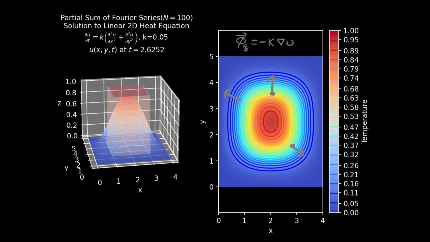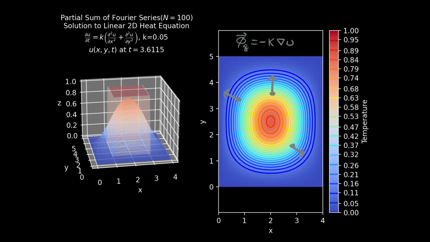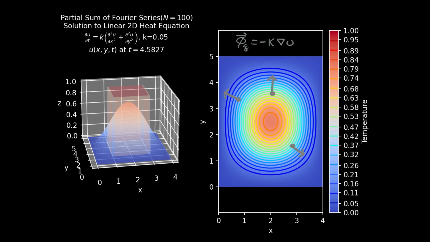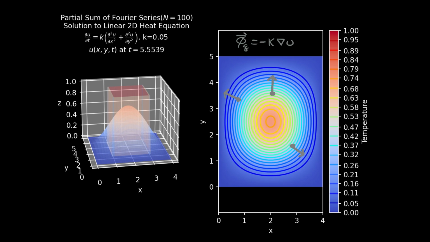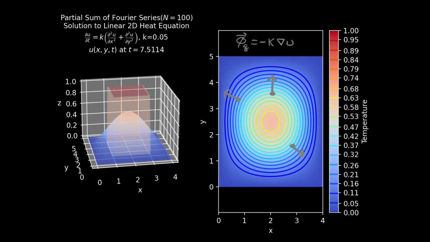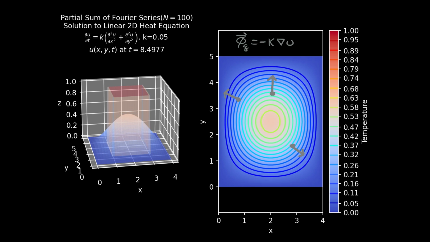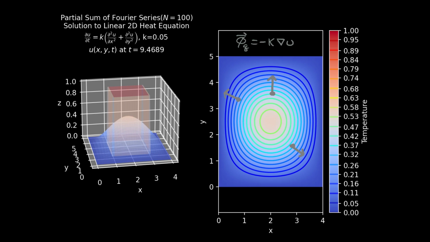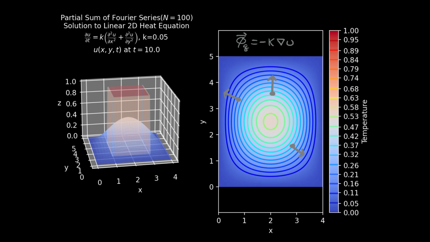So it's flowing out, and temperature is decreasing in a very physical, intuitive way, all the way until we get to the final time of t equals 10, which is when I ended the simulation. But this is really neat, and something that we'll be getting into in the next couple weeks of the course.